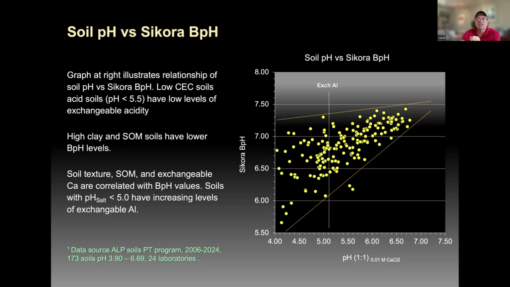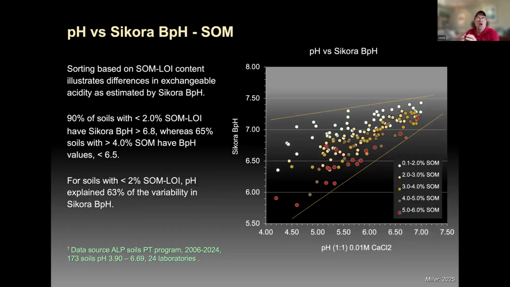Now, if we parse this data set a little more and sort it based on organic matter alone, I've sorted it into 5 concentrations of organic matter. Those in white are 0.1 to 2%, and if you'll notice, they're dominantly at the top of that curve.